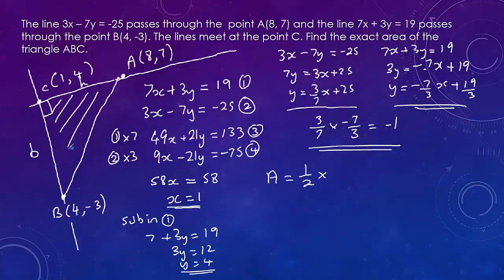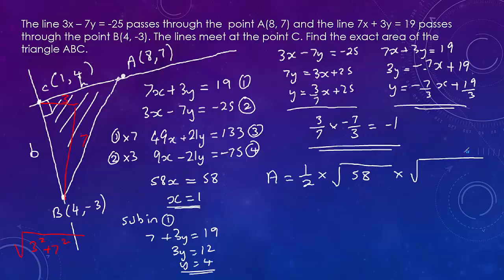What I can do is just form a right angle triangle here and use Pythagoras. So x coordinate 1, x coordinate 4, that's 3 across. Y coordinate 4, y coordinate negative 3, that's down by 7. So that's going to be the square root of 3 squared plus 7 squared. So that's going to be the square root of 9 plus 49, which is 58.